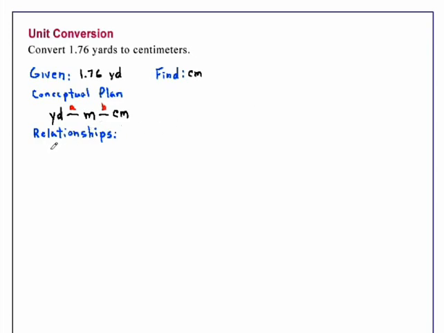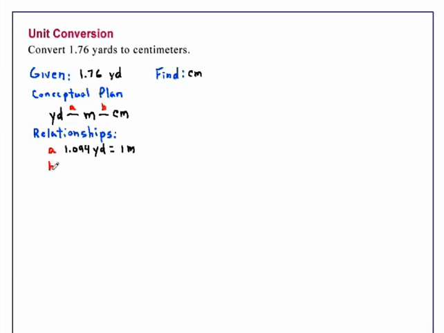So, relationship A is needed to allow us to go from yards to meters, and we find in the textbook that there's 1.094 yard in 1 meter. So a meter is slightly larger than a yard.